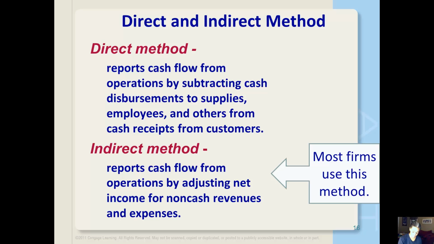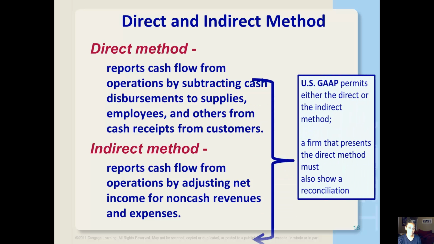So both methods will yield the same net cash flows from operating activities, and a company is free to use either the direct or the indirect method in its statement of cash flows. However, accounting standards require that if a company uses the direct method in its statement, it must disclose the indirect method as well. So as a result, most companies just use the indirect method.